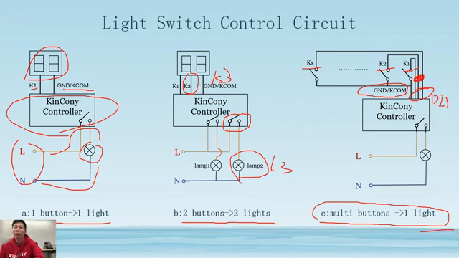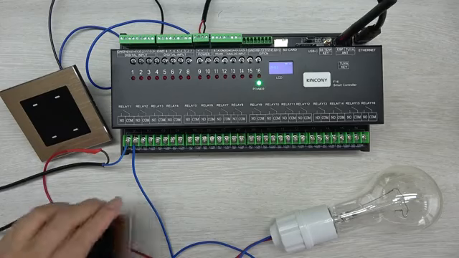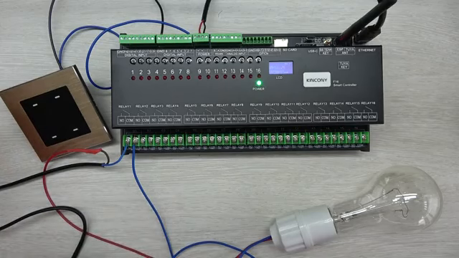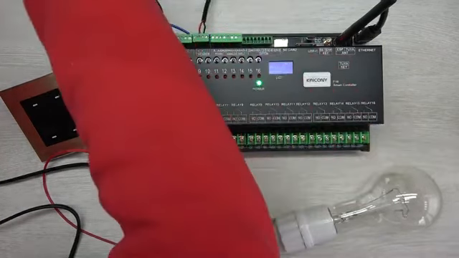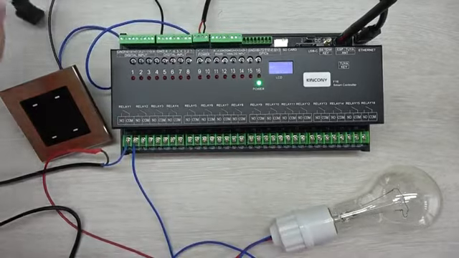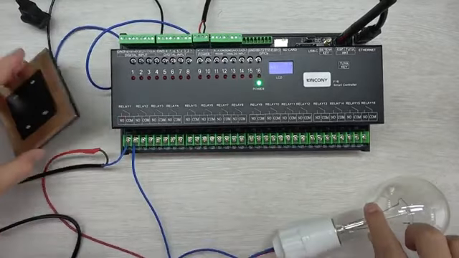Let's test it. Now I will connect 2 buttons together with the digital input. Because I want to power off firstly for safety. Power off firstly, and this is no power.